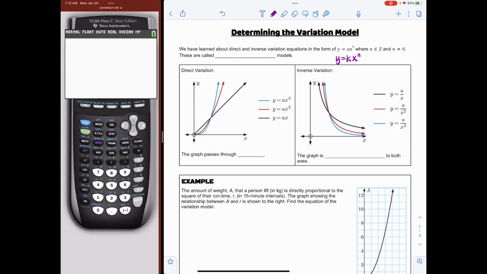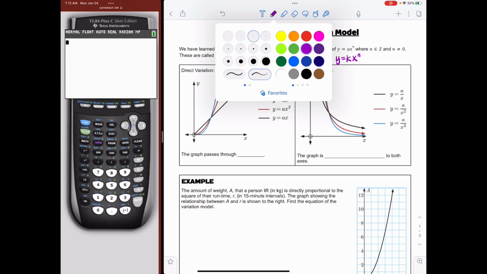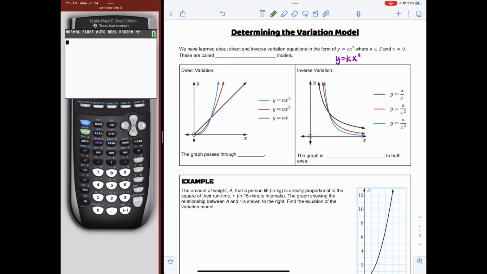A and k are the same thing. So another thing that we can call these is variation or power models. And the reason why we call them power models is because your exponent is a power, okay?